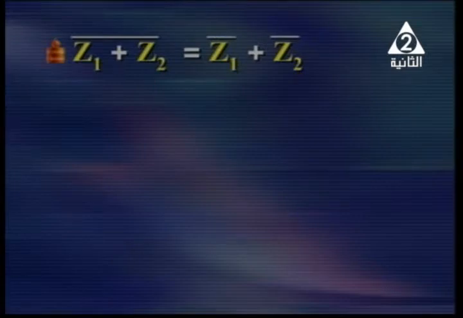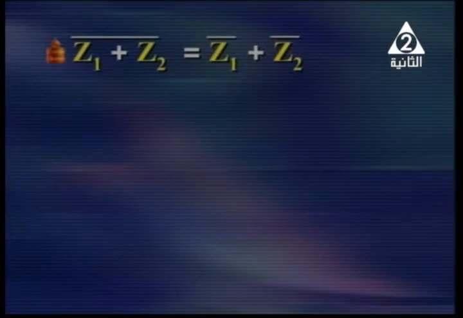Remember, dear student, the conjugate of the sum of two complex numbers. What is the result? Yes, the sum of the two conjugates. The conjugate of the sum of two complex numbers equals the sum of each conjugate.